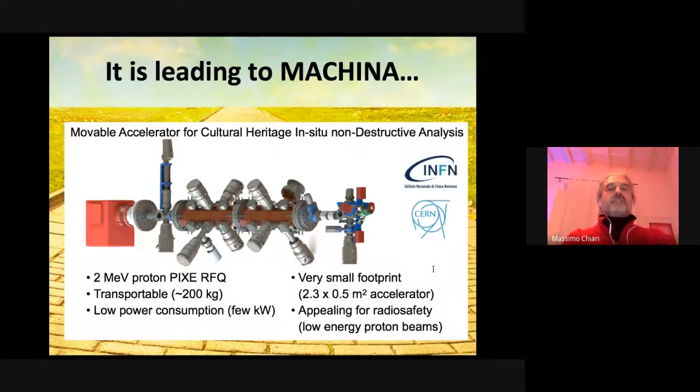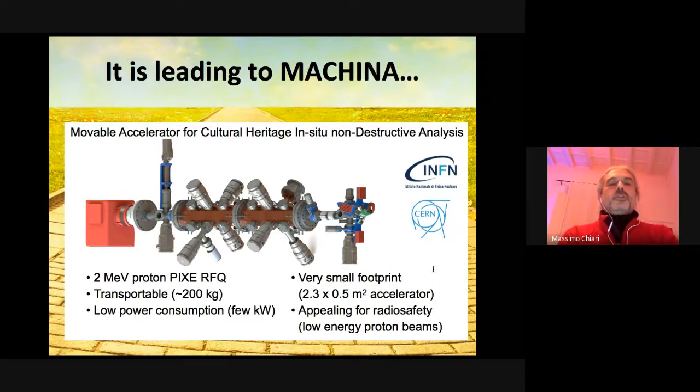What is indeed possible is to use a high frequency RFQ accelerator from CERN, like they have been recently developed. Increasing the frequency of the RFQ means shrinking the size. So, for example, a 2 MeV proton accelerator is just 1 meter long.